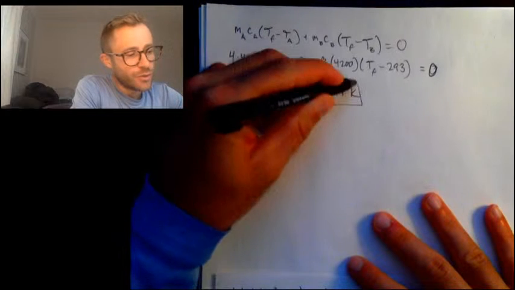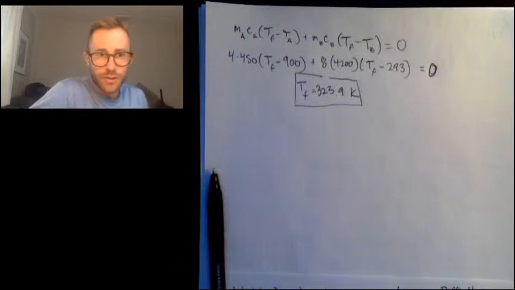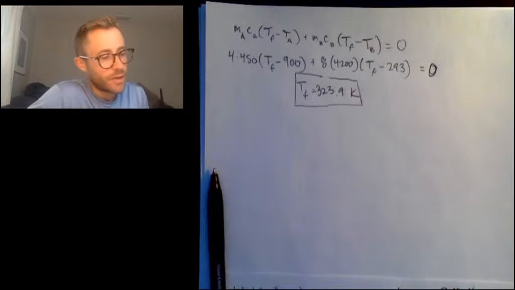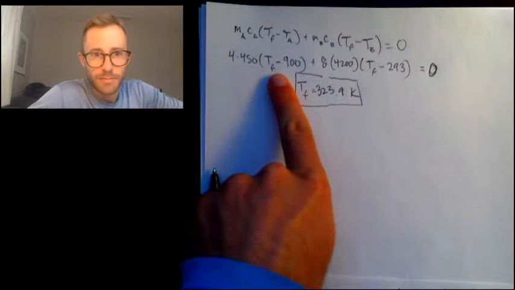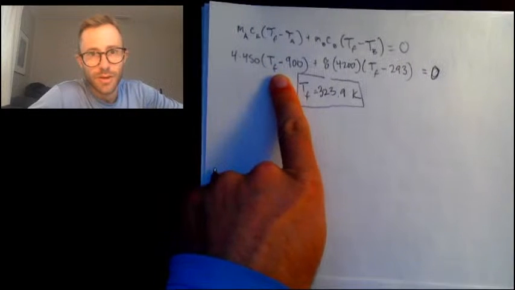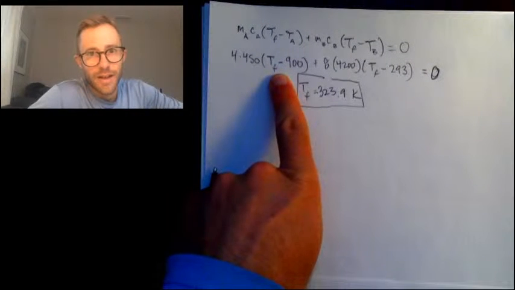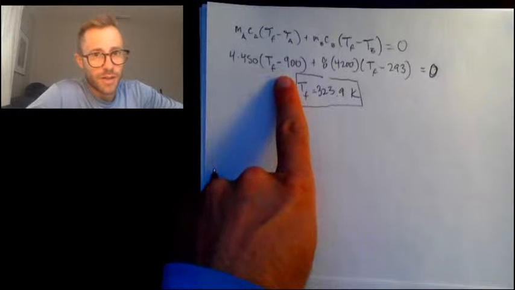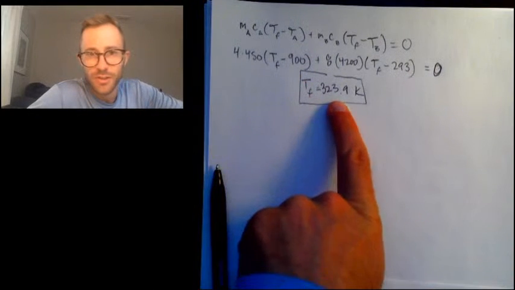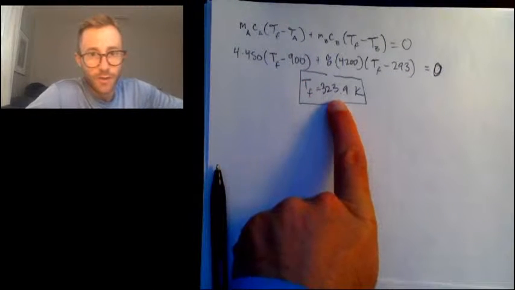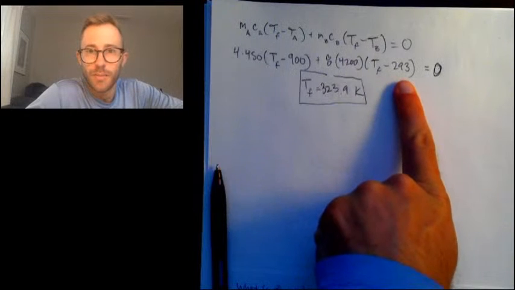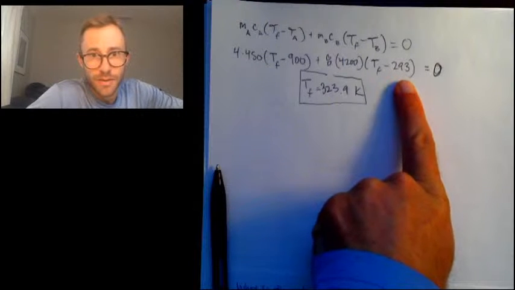So you can see why water is such a good coolant, because you have something that was really hot. And if you think about the hot thing, its temperature dropped almost 600 Kelvin. The water's temperature went up only about 30 Kelvin. You see what I'm saying?